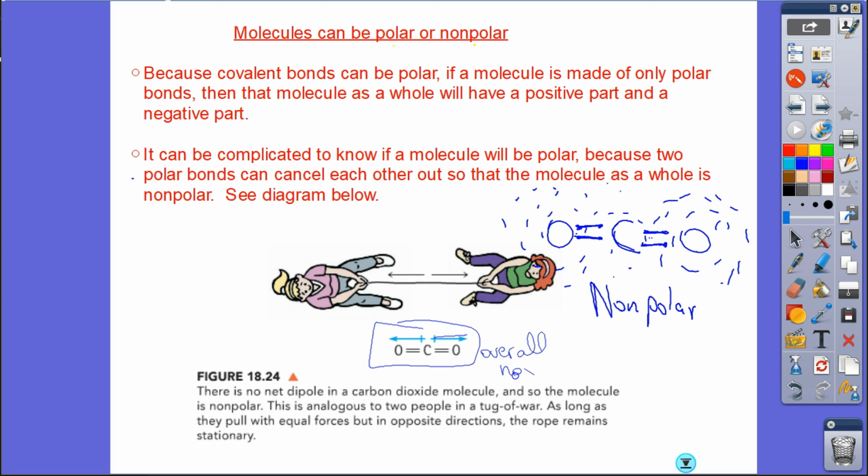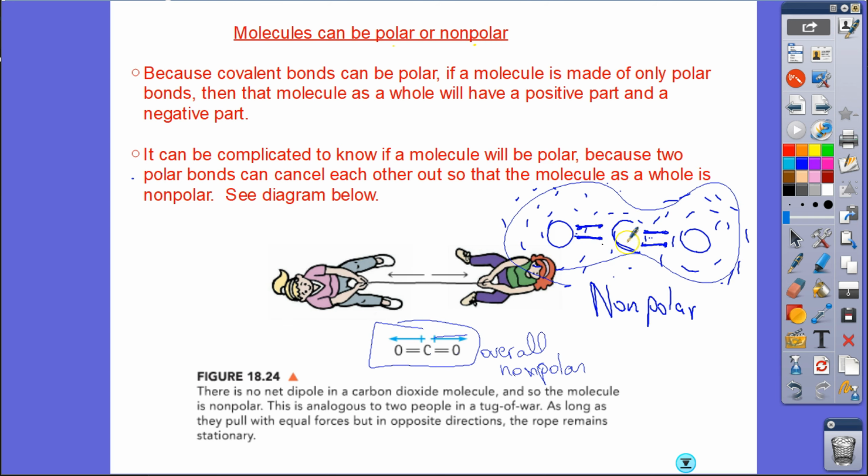Both bonds are polar, but because they counter each other and they point in opposite directions, the molecule itself overall is nonpolar. And this is something that's pretty hard to predict until you get more practice drawing the shapes of molecules and figuring out why they have certain shapes. But usually, if a bond is polar, the molecule will be polar. However, when more than one bond is polar and they cancel each other out perfectly, then you can get a molecule to have an equal distribution of charge everywhere.